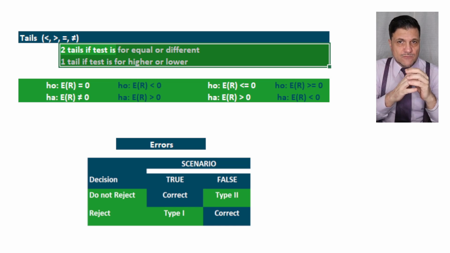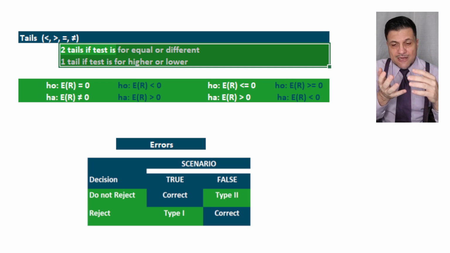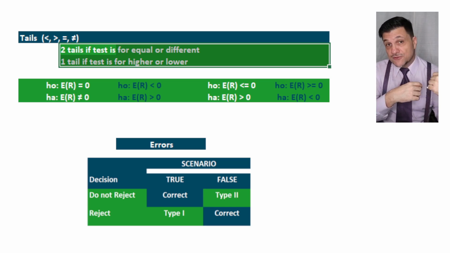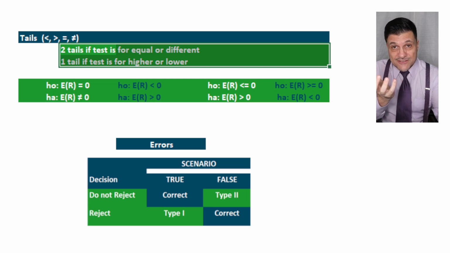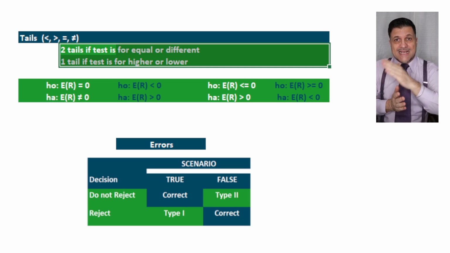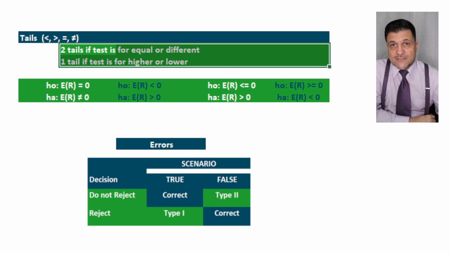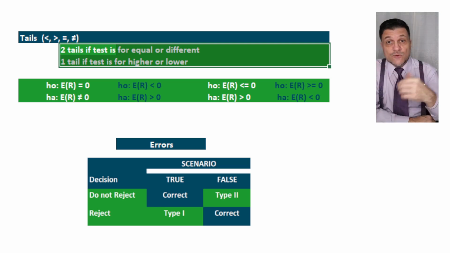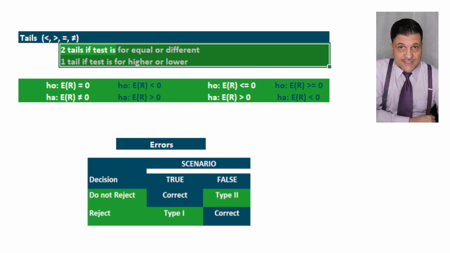Equal to 1 or equal to 0, I want to reject that. So H0, the hypothesis x equals to 0, I want to reject that. Well, look, I can reject that if I get a 1 as an answer, a 2, a 3, a 4, a 5, or minus 1, minus 2, minus 3, minus 4 as an answer. So either side of the numbers, positives or negatives, will help me. So that's called a two-tailed test.